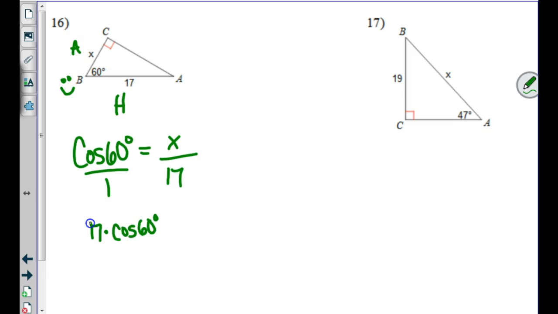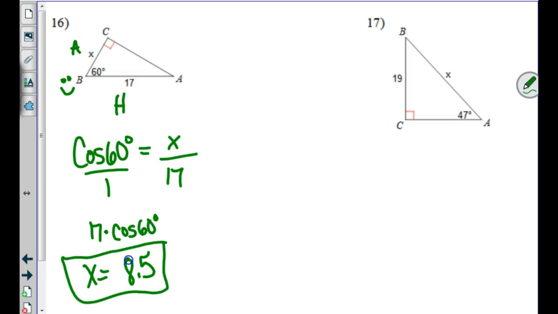This is an interesting moment because I think the next section, or somewhere on here, is special right triangles. 60 is one of those: 30, 60, 90, and 45, 45, 90, you're going to have to memorize, okay? And the rule is, just watch up here for a moment of gloriousness.